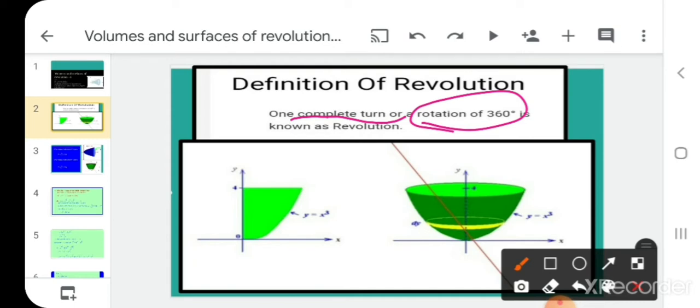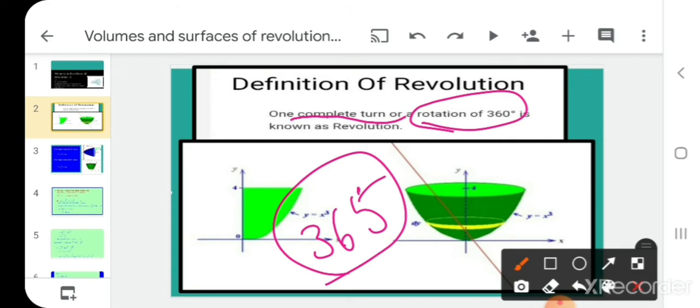For taking a complete turn, how much time will it take? 365 days. The earth takes 365 days to revolve around the sun. That means it rotates around the sun through 360 degrees. That is called a complete turn. This is revolution.